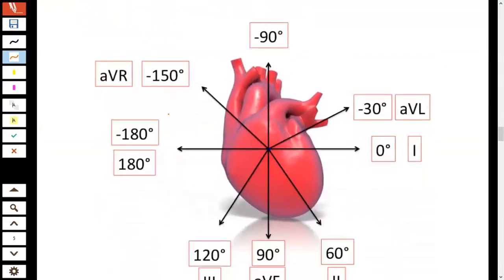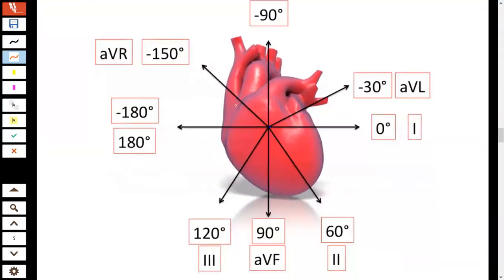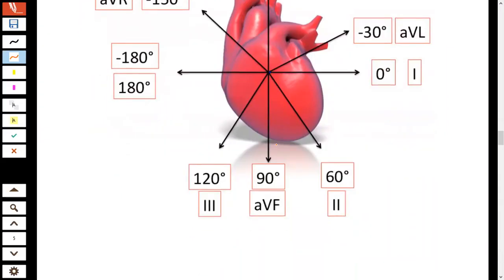In this diagram, if I draw a simple vector here, just talking about limb lead 2, we have two terms: left ventricular hypertrophy and right ventricular hypertrophy. If the vector is in this direction as the direction of the cardiac axis, it means it's at a 60 degree angle.